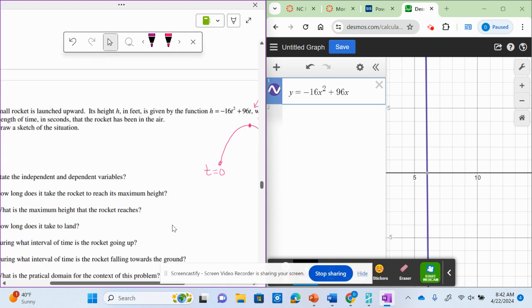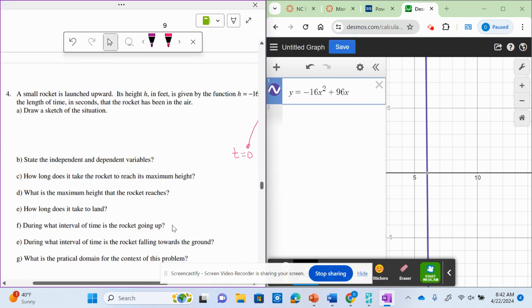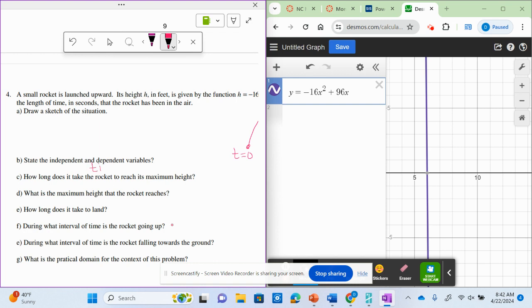comes back down. It says state the independent and dependent variables. Well, time is your x, so time is independent. Your y value is your height, so your height is the dependent variable.